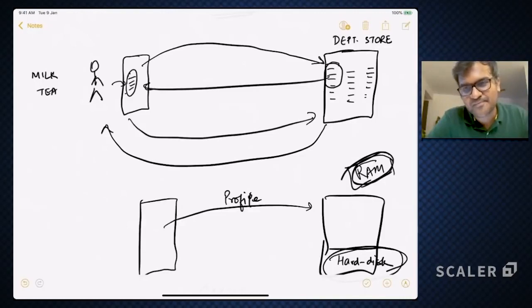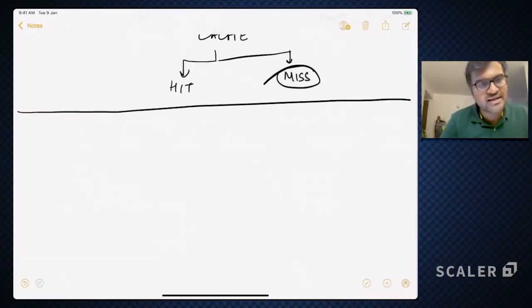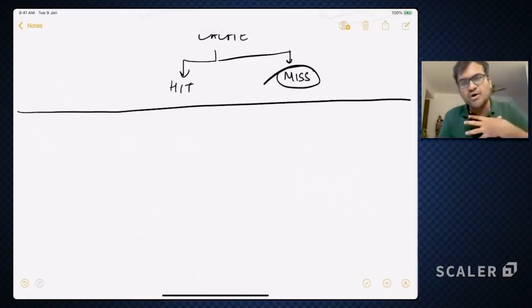How do you do that? If you look at how you would do it, there are only two ways of doing it. One is when you tell me that, hey, here is new milk to restock your store with, or here is new data. Let's say on my profile, for some reason, my name changes.